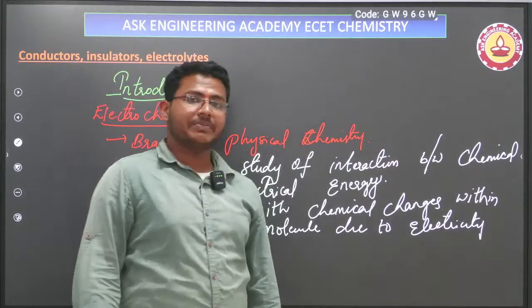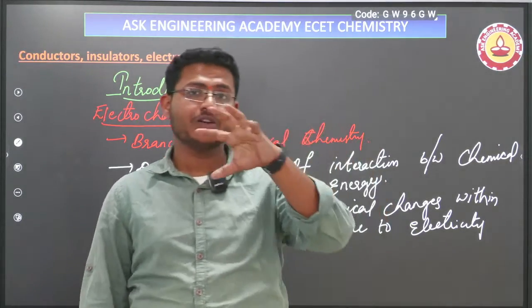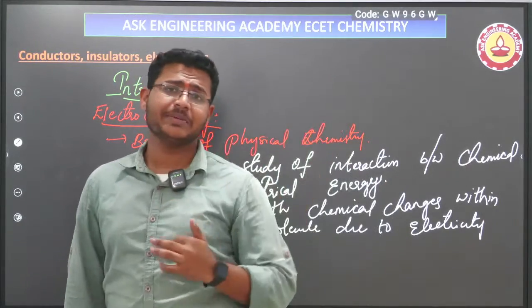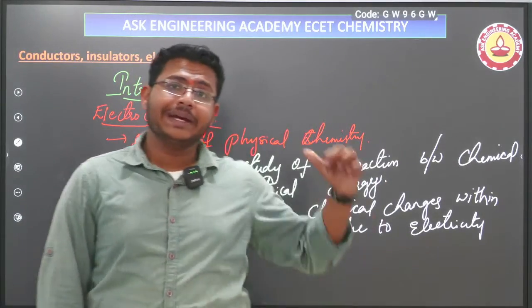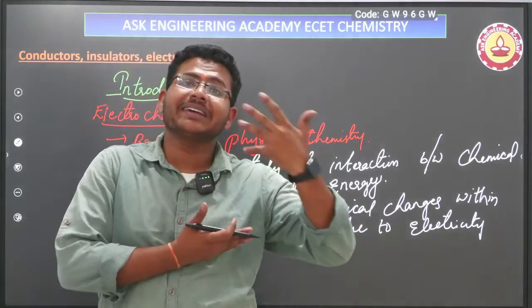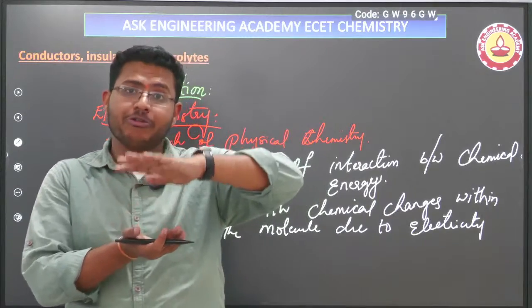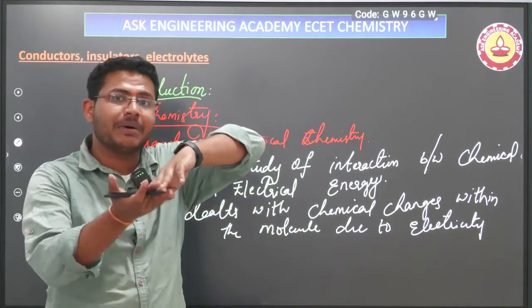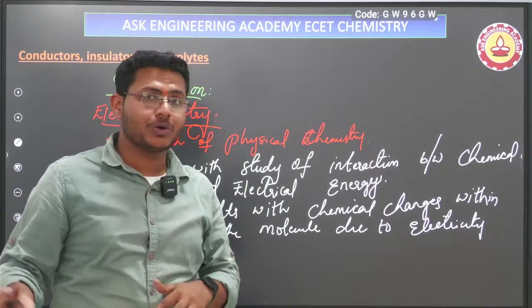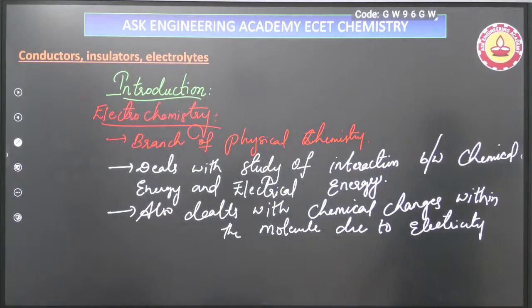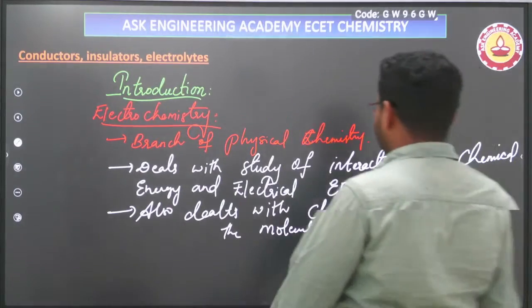So electrochemistry is a branch of science that deals with the interaction of electrical energy with chemical energy. Not only that, it also explains what chemical changes usually happen within the molecule when electric current is passed through it. This is the basic definition of electrochemistry.